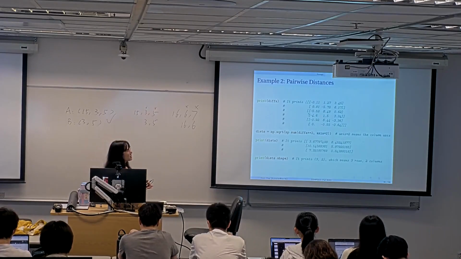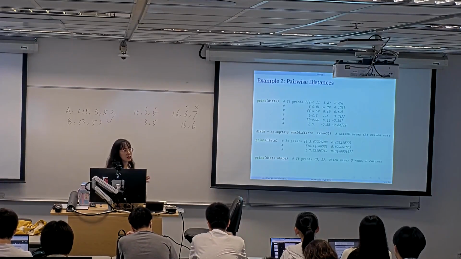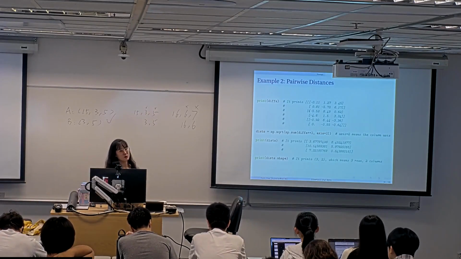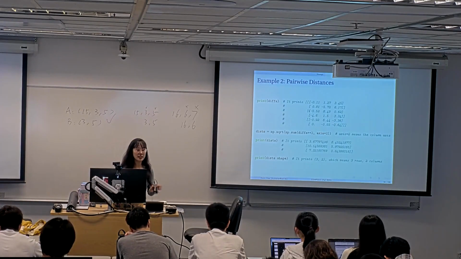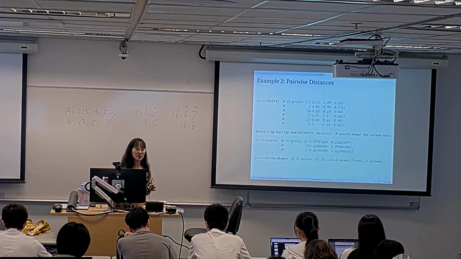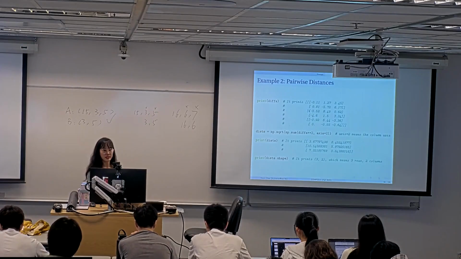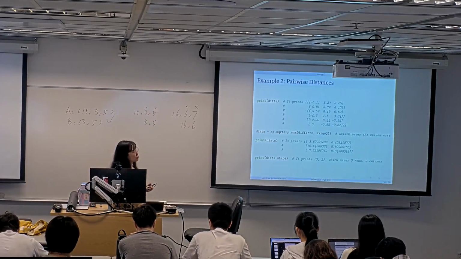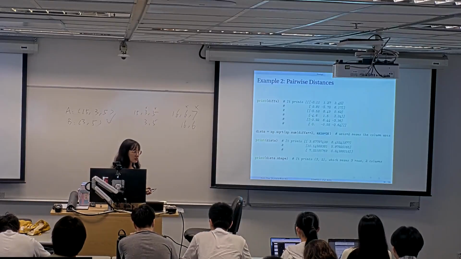If you consider these diffs, we know that diffs ij is such xi minus yj, right? Basically, we want to add all the elements in the column direction together. The column direction represents axis 2. We want to get the sum along that direction.